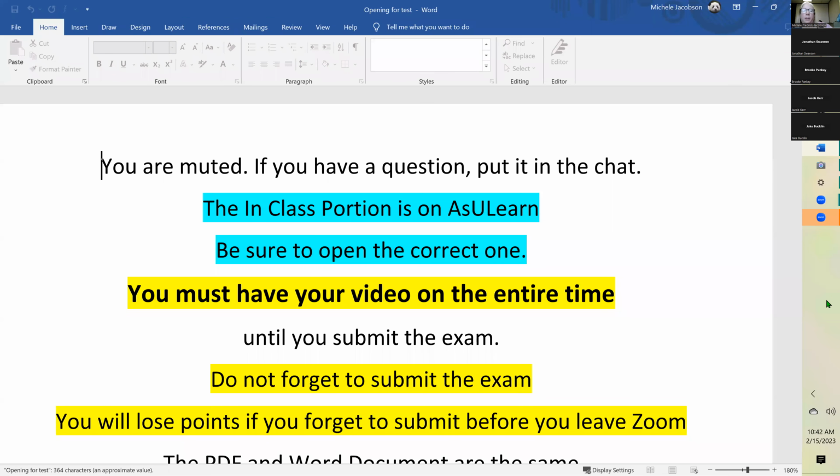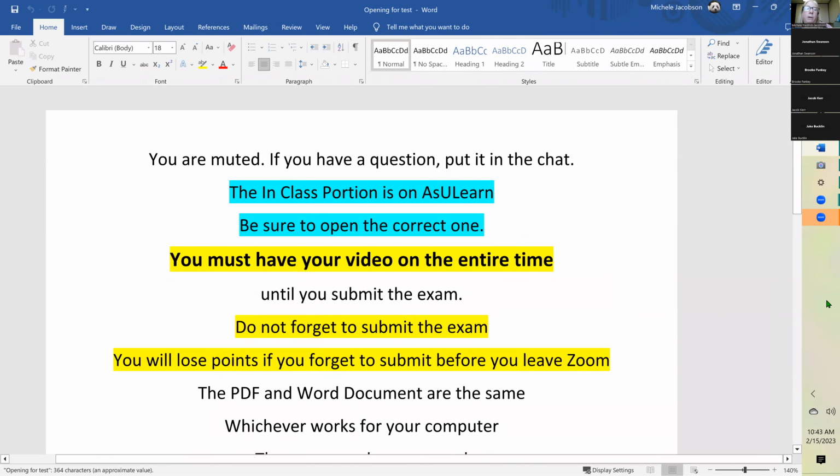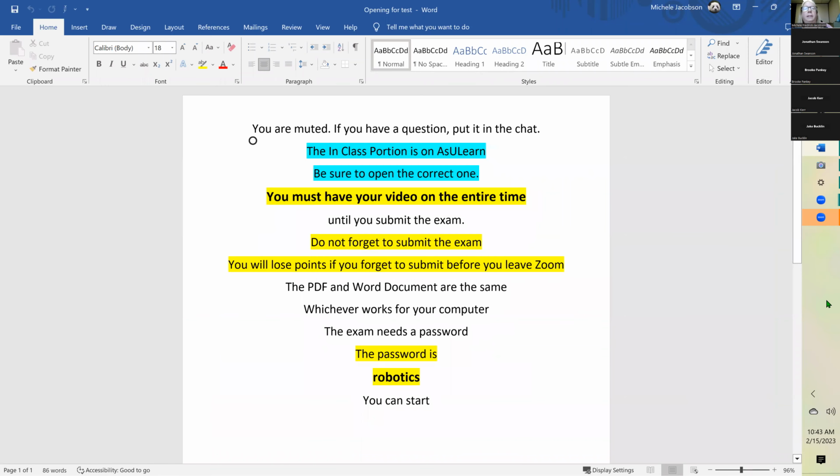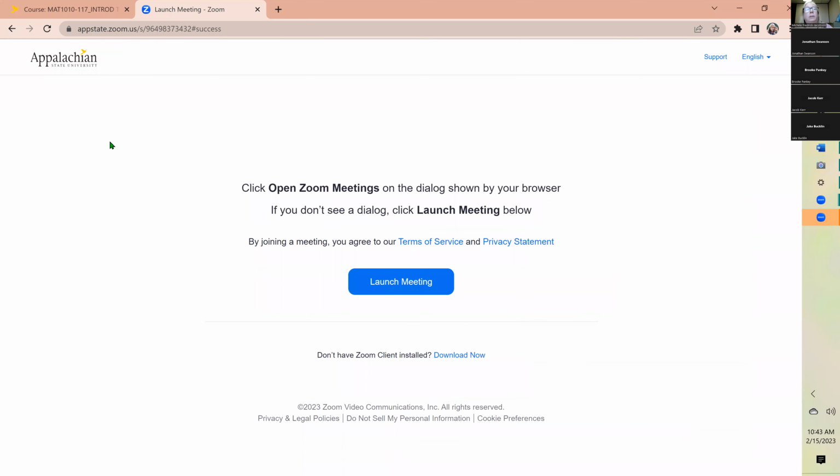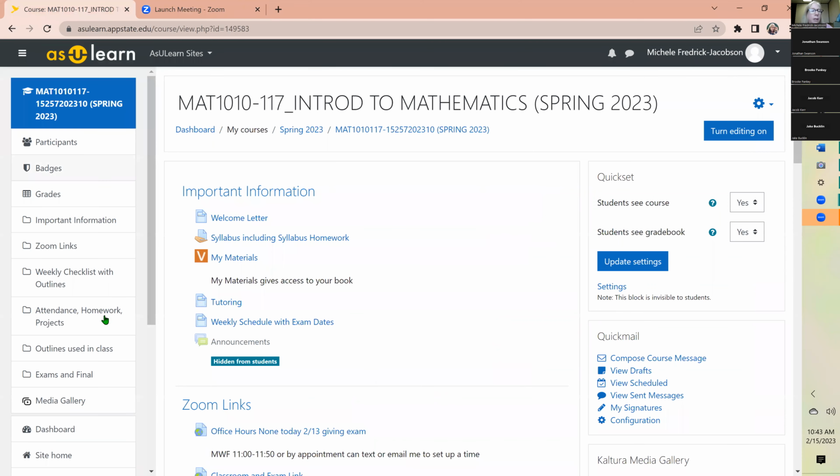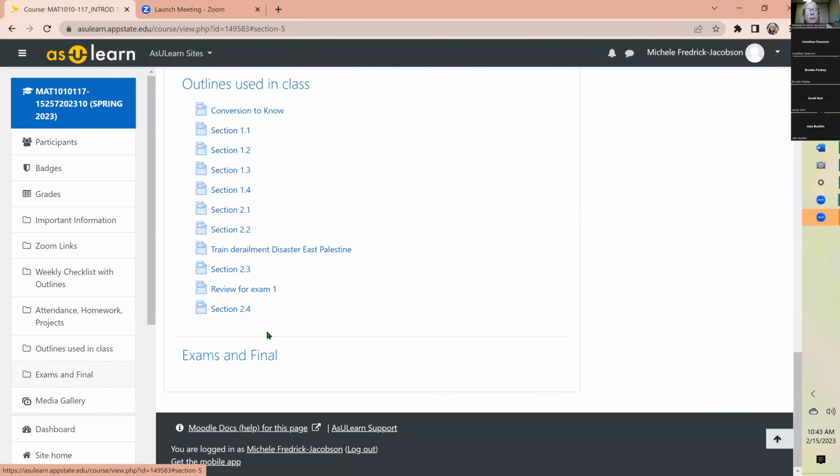Okay. What'll happen when you get on, it will have something like this, except it's a different password. So then you'll have this password, you'll stay on Zoom, and then you'll go to your course, and where it says exams, it will be right here. When you go in, you type in that password.